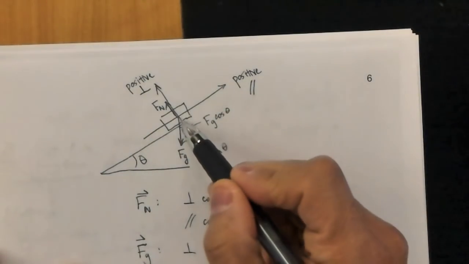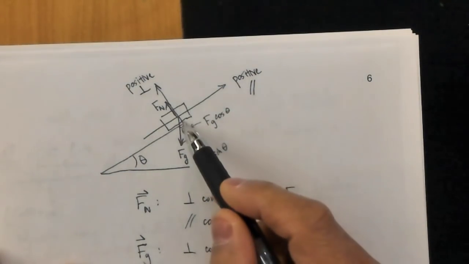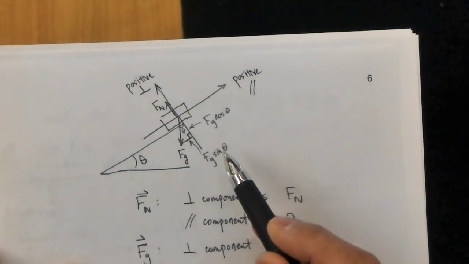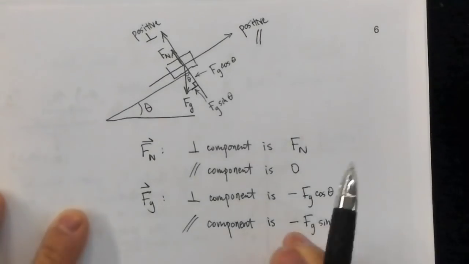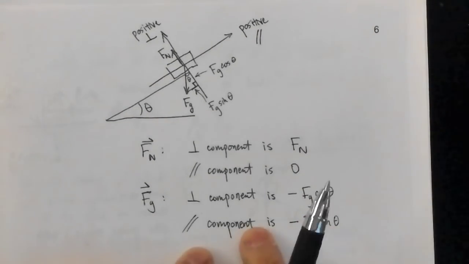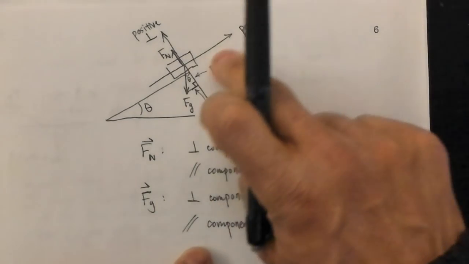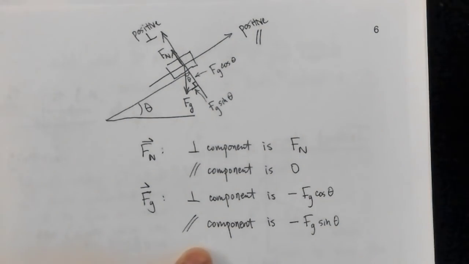And so we can take gravity here. We have a component that's going down the plane, parallel. So that will be Fg sine of theta down the plane, parallel. Down the plane parallel, negative Fg sine of theta. I'm taking this to be positive, and this to be positive perpendicular.